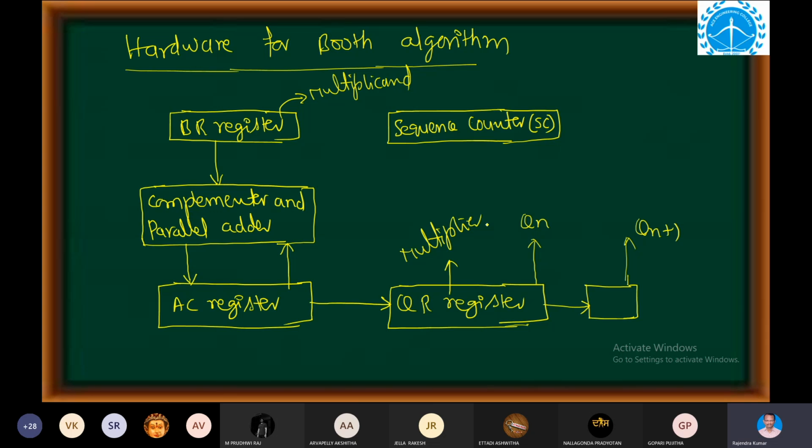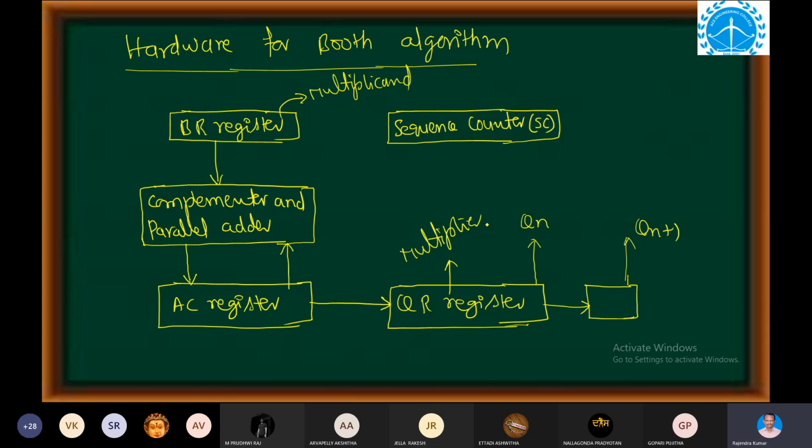Initially we take the accumulator register as 0. The accumulator and BR register contents are added, and a complement operation takes place if we perform a subtract.